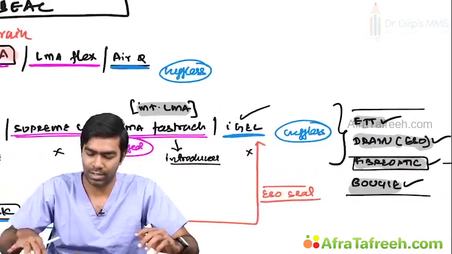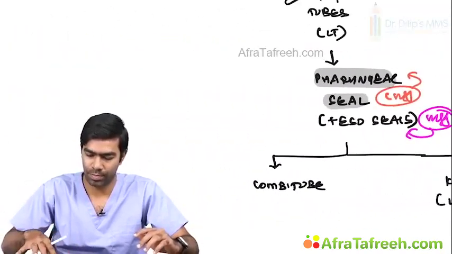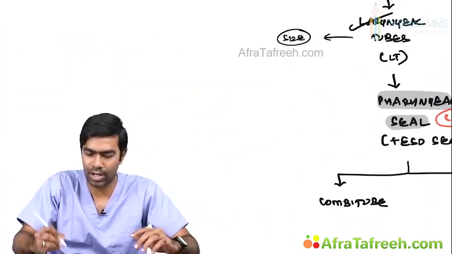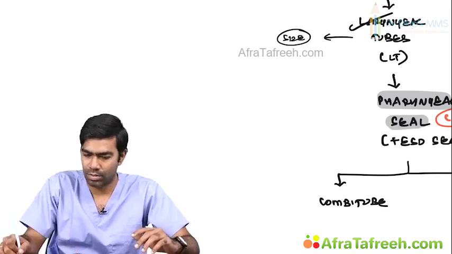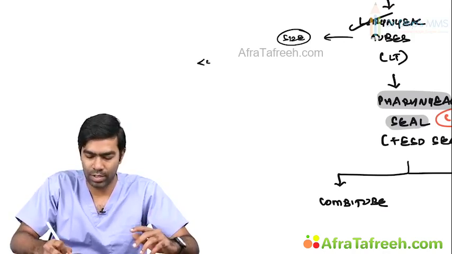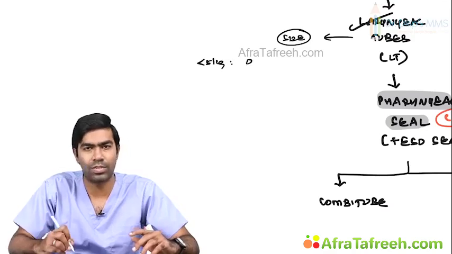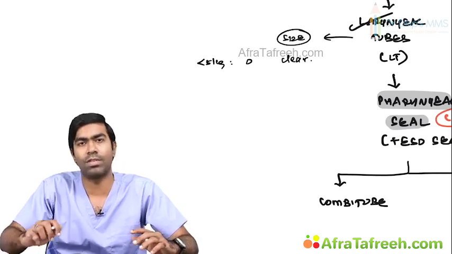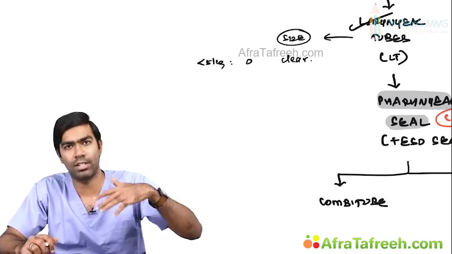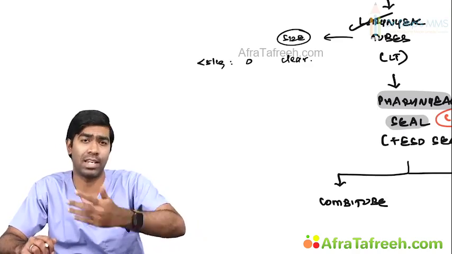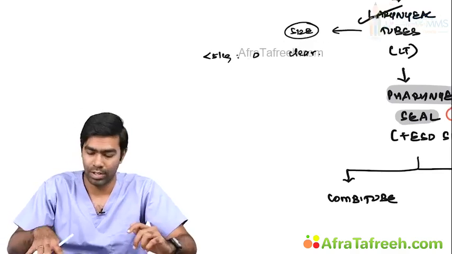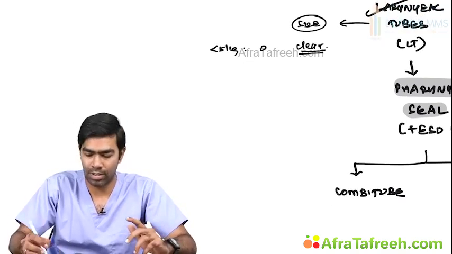Remember, similarly, you have a size chart for laryngeal tubes also. So for laryngeal tubes, you also have sizes. Again, based on the weight only, less than 5 kg, you select size 0. And you have color coding also. Remember, one of the important advantages of these laryngeal tubes and the modern LMAs like iGel and Bosca mask is that they have color coding.